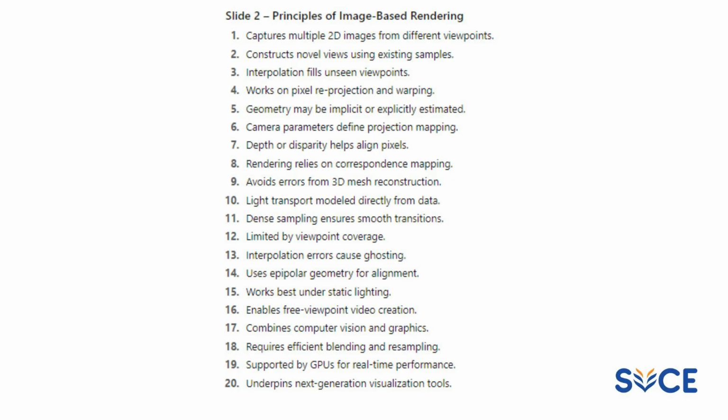In traditional computer graphics, every pixel of an image is generated from a virtual 3D model using geometry, lighting, and texture information. In contrast, IBR bypasses this complex process by relying on the actual light rays recorded in photographs.